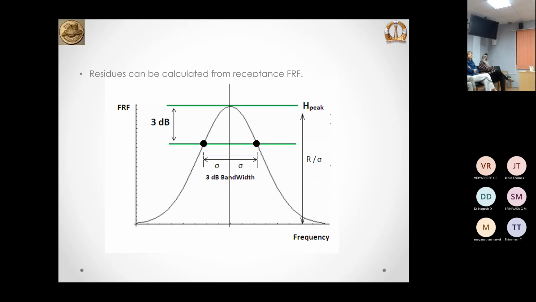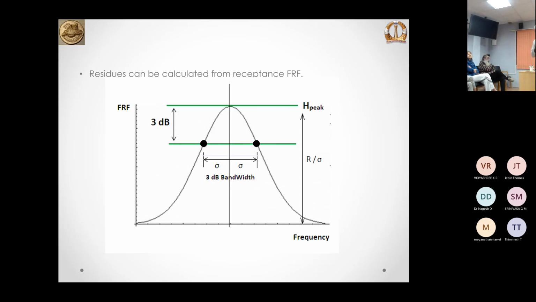Finally, this is an FRF, a frequency response function of one peak, let's say. The x-axis is frequency and the y-axis is the amplitude in dB. Here I am showing the relation between the residue and the half bandwidth. Using this relation, I can calculate residues from the given FRF for a given mode shape.